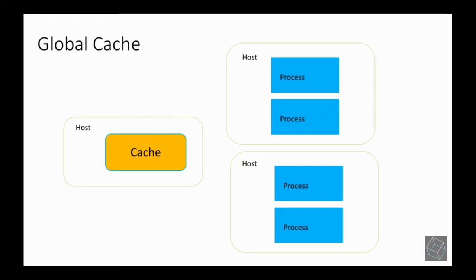Because now your cache is hosted on a separate server, you have a single point of failure, as well as a risk of the cache not being accessible if the network goes down. So from a risk point of view, you have a single point of failure, and it also gets impacted by network connectivity. So if you want to solve this problem, we can actually invest in the next type of cache, which is called distributed cache.